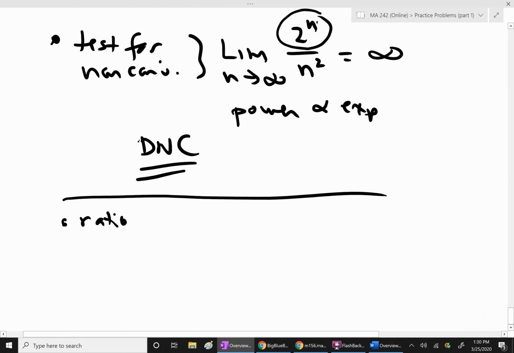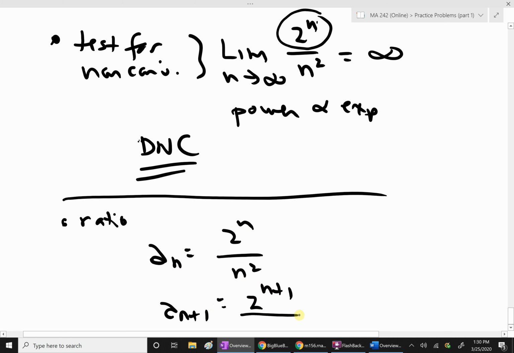So let's try the ratio test. So we know what a_n is. It's 2 to the nth over n squared. I know that a_(n+1), I just put in n plus 1 for n now, right? Is going to be 2 to the n plus 1 over n plus 1 squared.